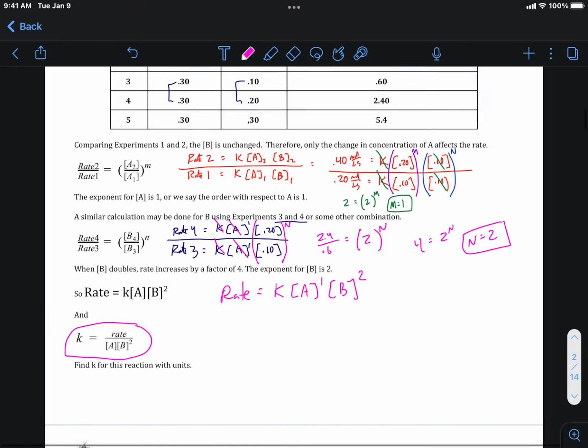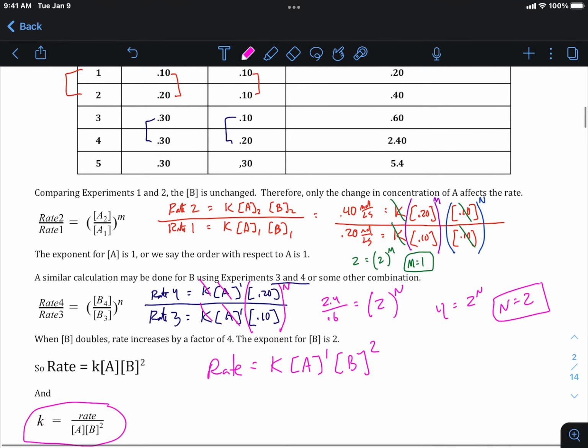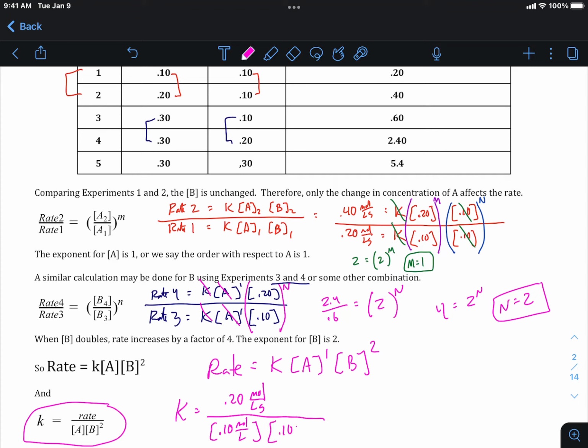So, just for simplicity, let's just use trial 1. So K is equal to, the rate for trial 1 was 0.2 moles per liter second. And the molarity of A was 0.1 moles per liter. The molarity for B was 0.1 moles per liter. Now this B is raised to the second power.